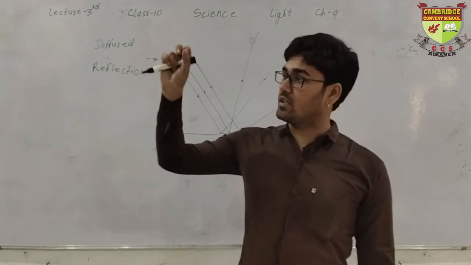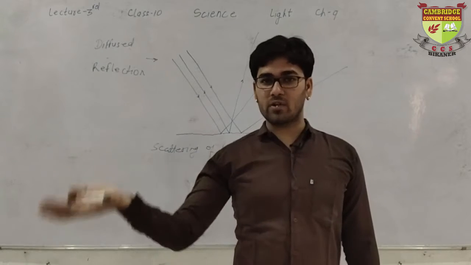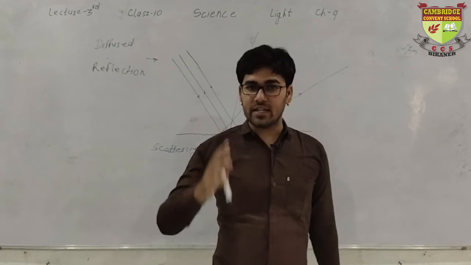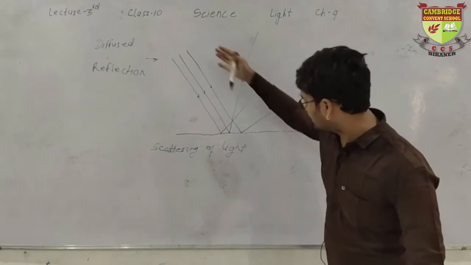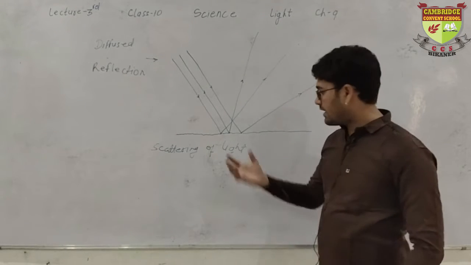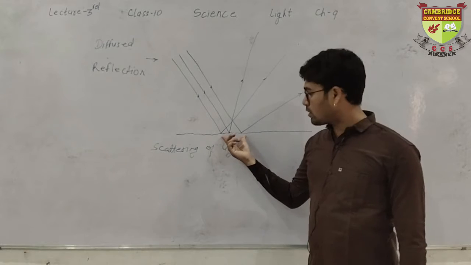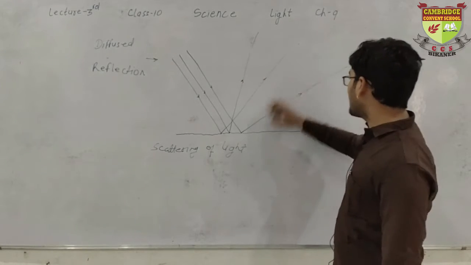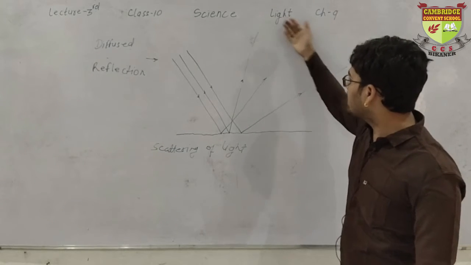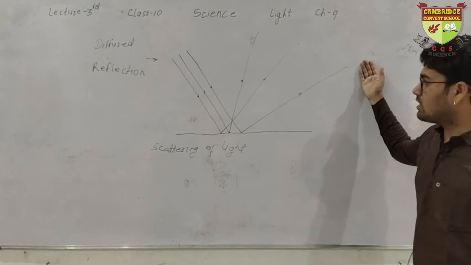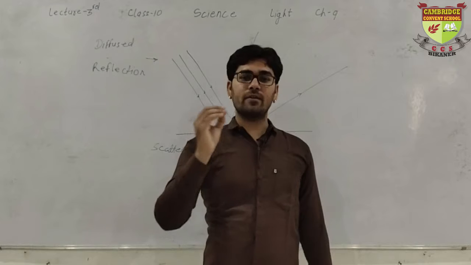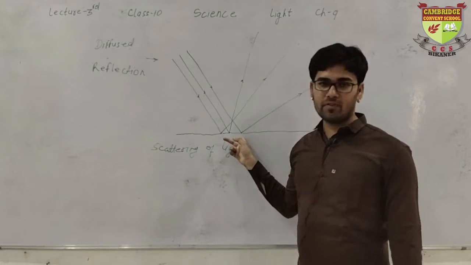But if the surface is uneven, with irregularities like this case, then when light falls on any object, take this as a box or a wall or whatever, the light is incident on this object and then scatters in all the directions. Somewhere we will stand, there may be one boy, there will be another boy. So light will reach every place in that room, and from every position that particular object will be visible.